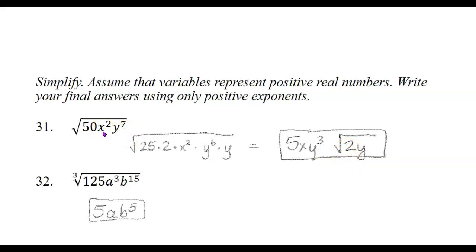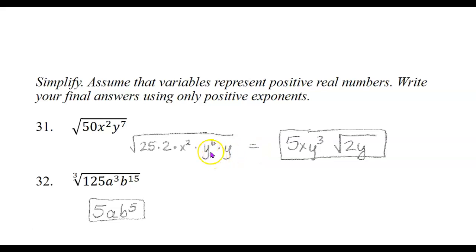The square root of x squared would be x, and the square root of y to the 7th, well, y to the 7th is not a perfect square, but we can factor it into y to the 6th power times y. So that's y times y times y times y times y times y times one more y left over.